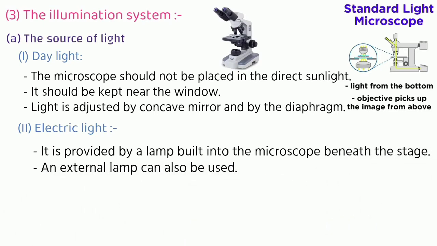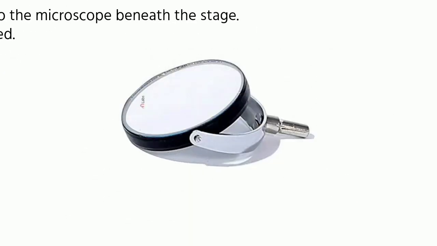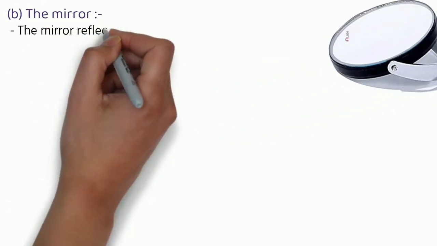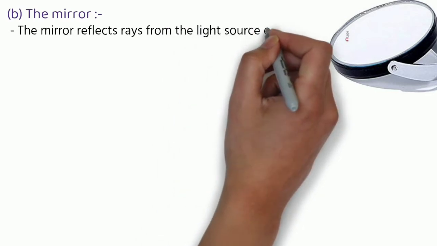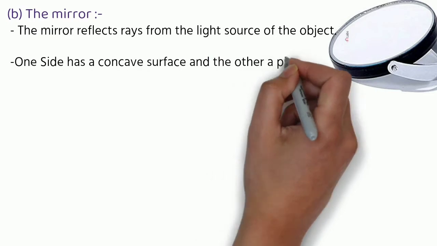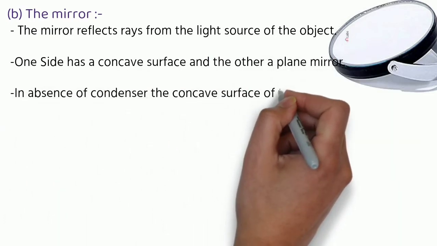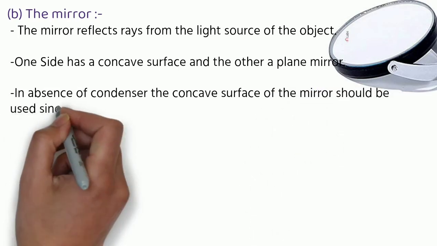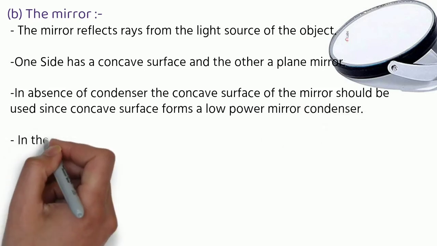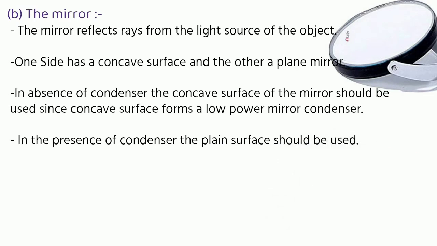Then the mirror, which is used in the compound microscope. The mirror reflects rays from the light source onto the object. One side has a concave surface and the other a plane surface. In the absence of a condenser, the concave surface of the mirror should be used, and in the presence of a condenser, the plane surface should be used.